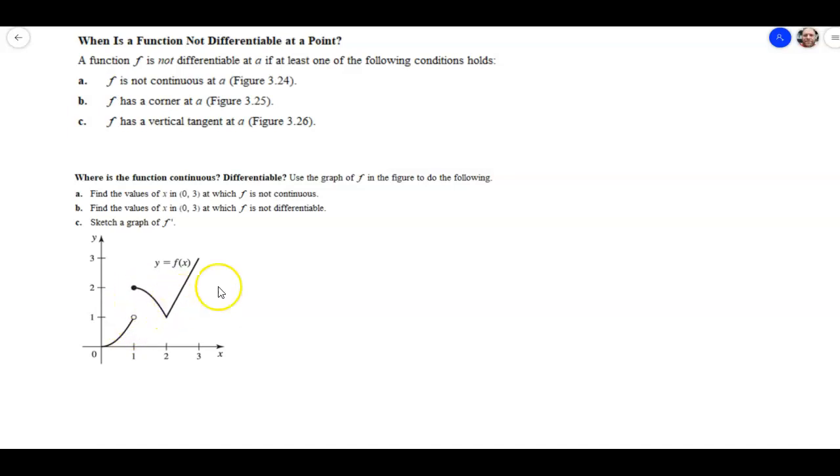So at 1, for A, we can say x equals 1 is not continuous, but I can get all the way until the x value of 3 without lifting my pencil again. So it's going to be continuous every other place other than at 1.